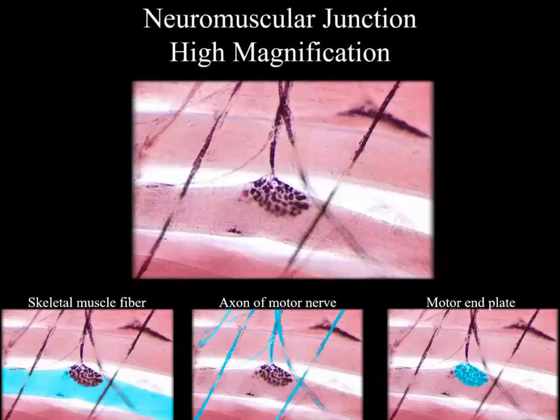Okay, here's the neuromuscular junction at high magnification. You can see the axons here. Here's a skeletal muscle fiber, one muscle cell. And then here is the motor end plate.